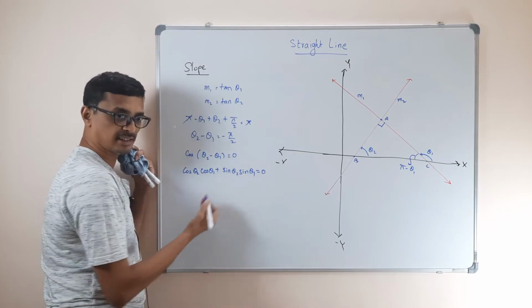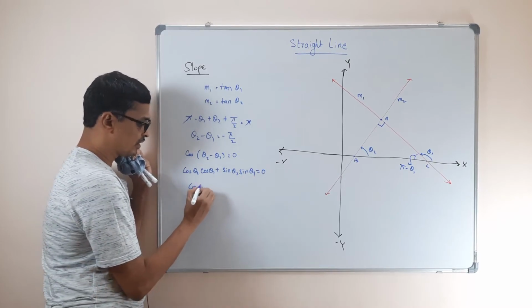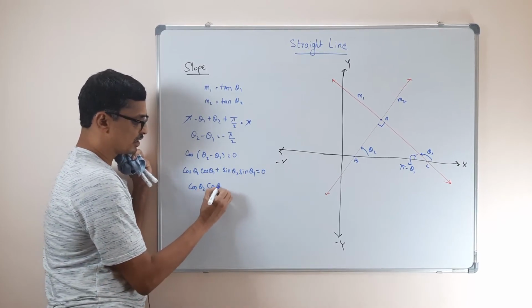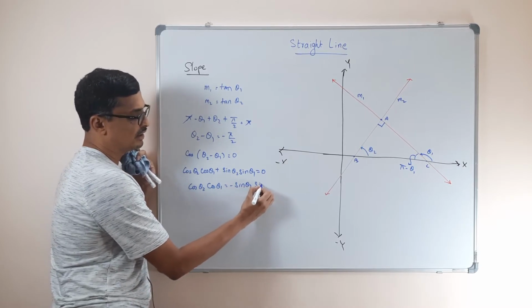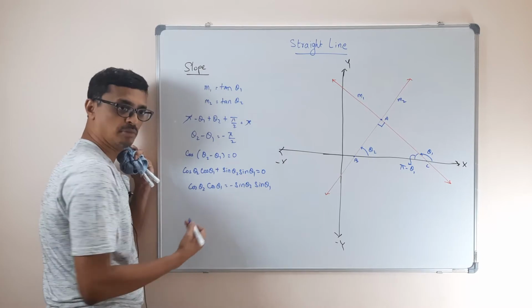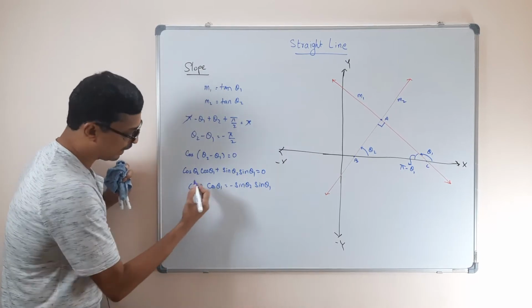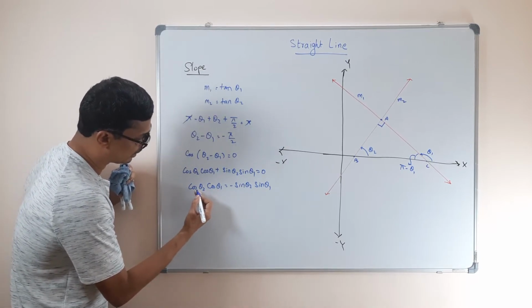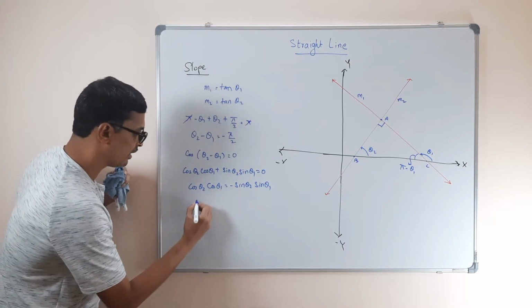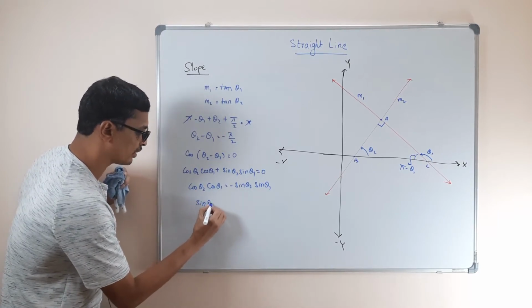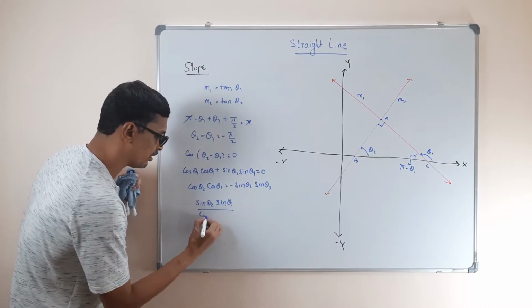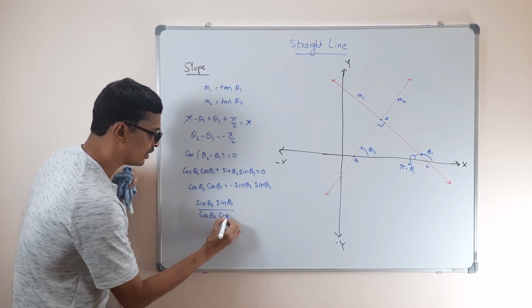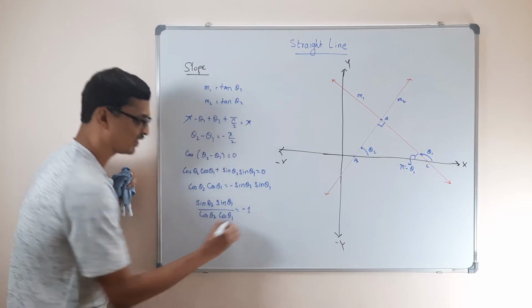Let us take this to the other side. Cos theta 2 cos theta 1 will be equal to minus sin theta 2 sin theta 1. Let me take this below. So sin theta 2 into sin theta 1 divided by cos theta 2 cos theta 1 equals minus 1, correct?